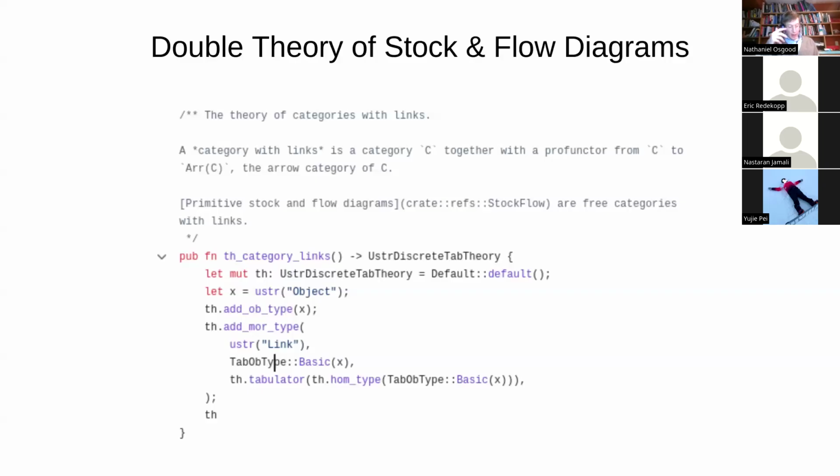It would be as if in Hask you had a type for a specific function from ints to bools. Is prime. It would be as if there's an is prime type, or an is even type, is odd type. So with tabulators, we have an object that names our particular pro arrow, not the whole Hom set.